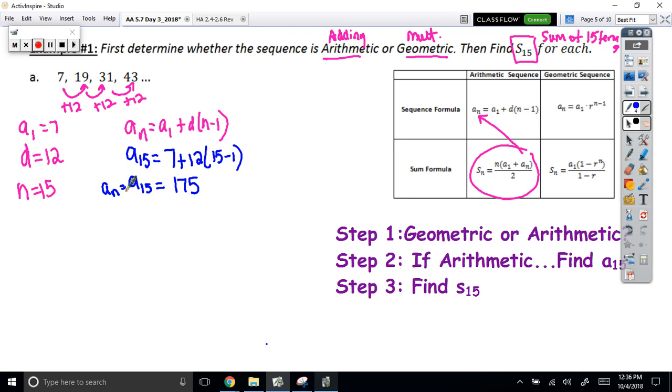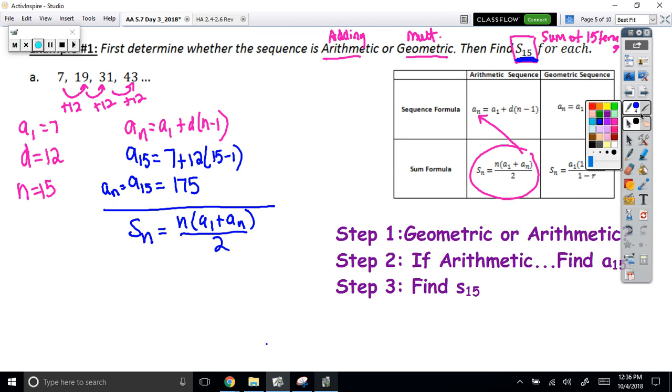So now we'll go to our sum formula. So we'll just draw a little line here. And we're going to do our sum formula, because that's what they asked for in the directions, the sum. And we'll sum it.